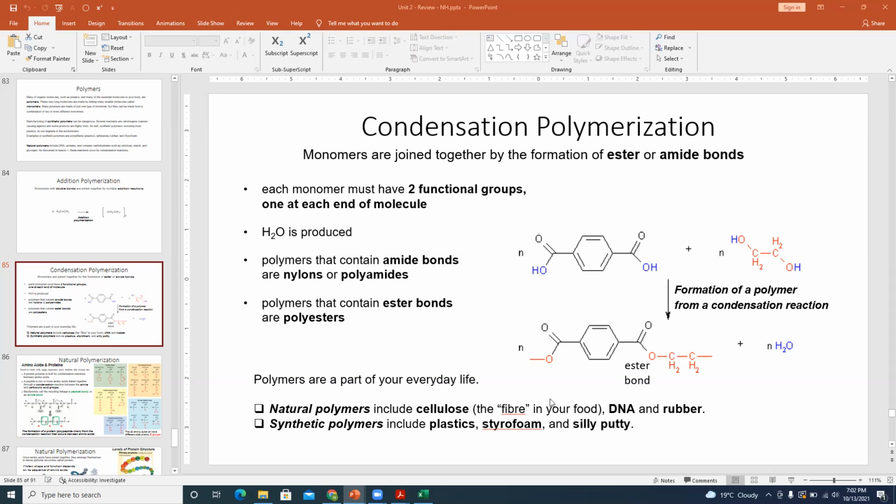Cellulose is the fibrous part of vegetables and part of our food, or whether it be other polymers such as DNA or even rubber that occurs from the rubber tree. These are all natural polymers, and they're really a part of our everyday life. So it's very important that we know something about their chemistry and how they're formed.